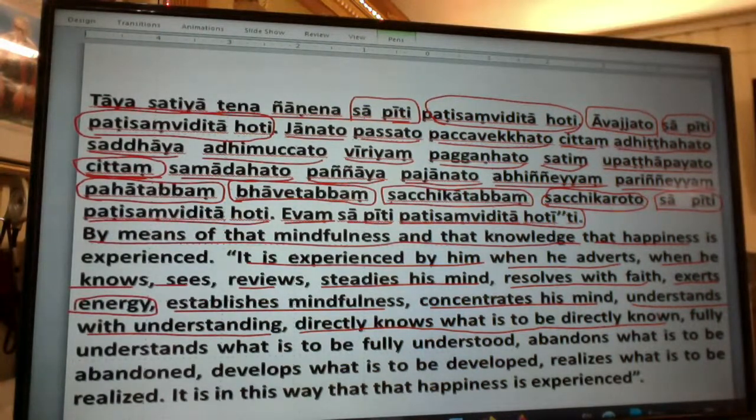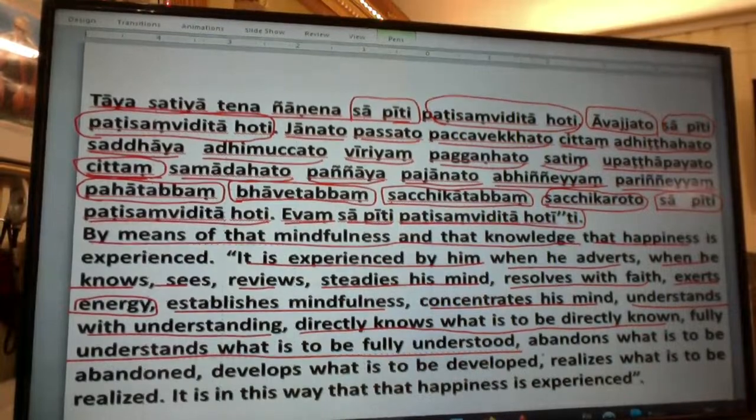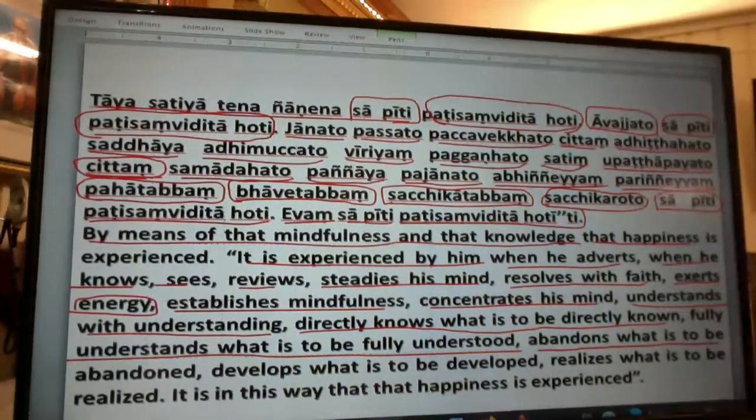No need to remove the body and mind. Just remove the kilesa, the defilement arising in the body and mind. That's Pahatabba. So fully understand what is to be fully understood. Okay? And then abandon what is to be abandoned. So second, the noble truth, samudaya satya, should be removed, should be abandoned.